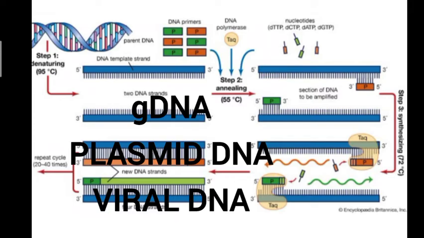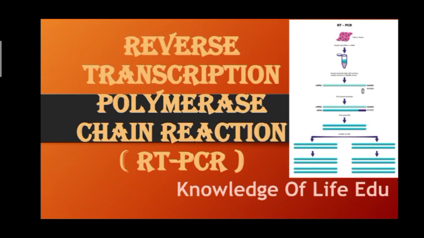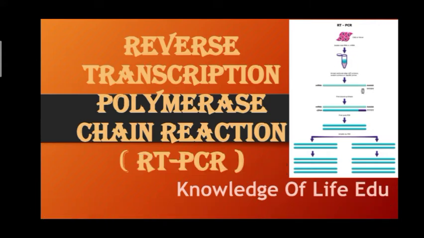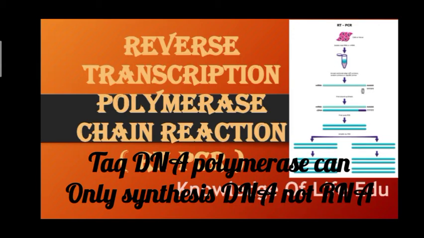viral DNA. As retrovirus and other related viruses have RNA as their genetic material, their amplification and quantification are not possible using conventional Taq DNA polymerase. The reason is that the Taq DNA polymerase can only synthesize DNA, not RNA.